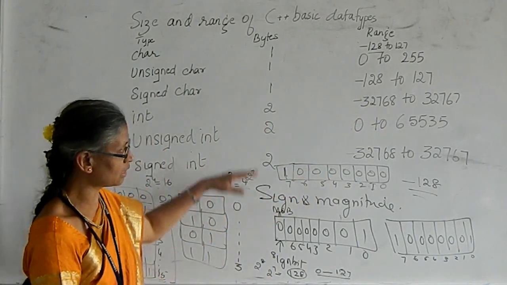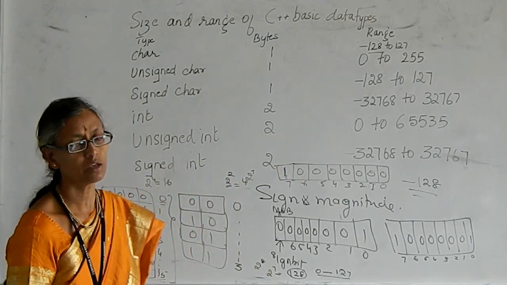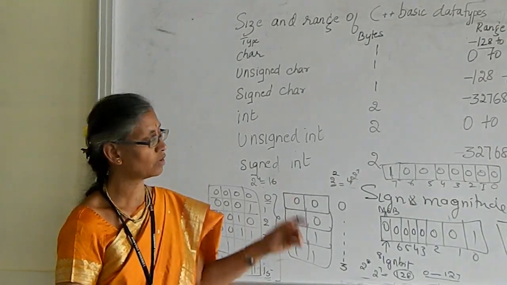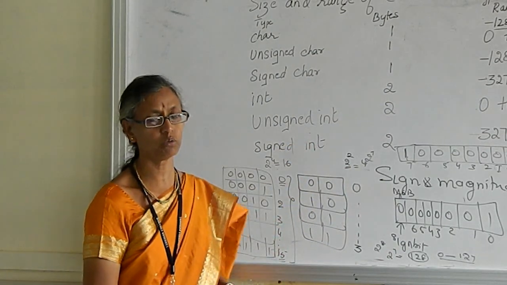So that is the variation. You can see that for negative numbers you have one extra value represented in the case of characters, integers, and any of the data types further on.